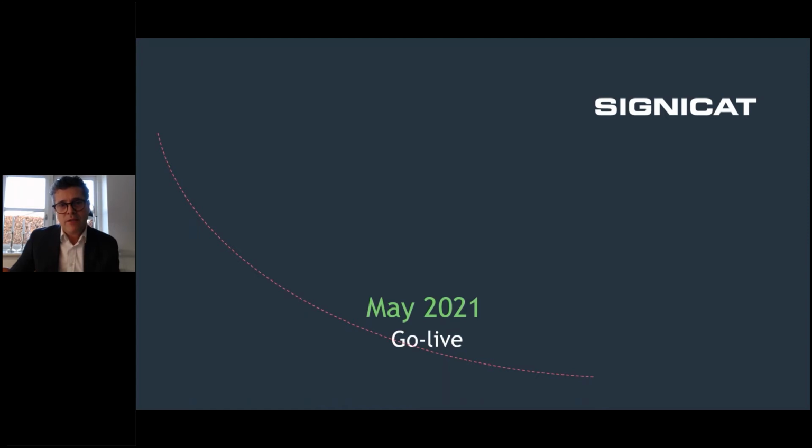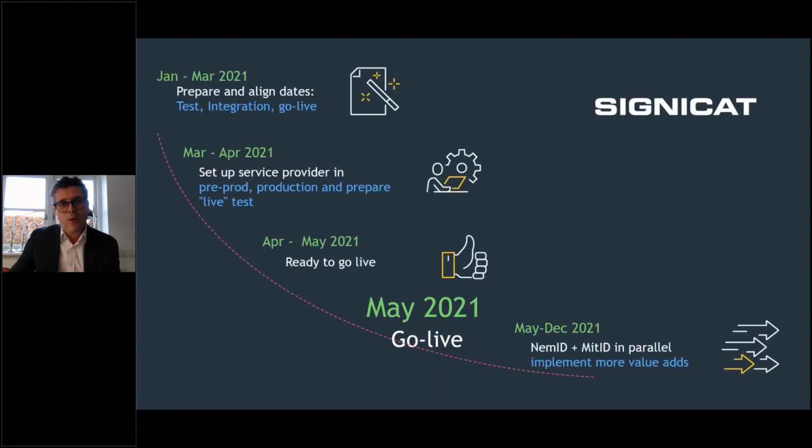The MitID go live is in May this year. So where are we? In January, February, and March, right now, we are preparing and aligning the test and integrations for the go live. In March and April, we will set up the service provider in the pre-production environment and prepare for the live test.